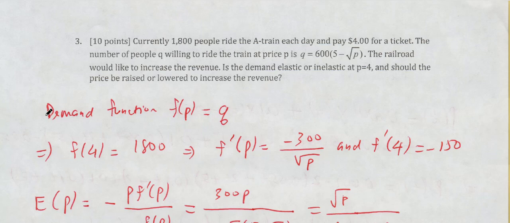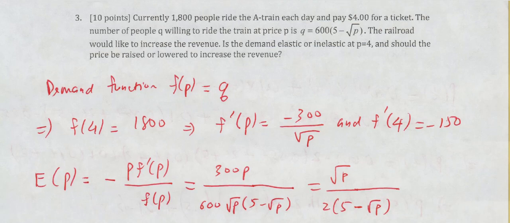Now we know that the demand function is f of p equal to q. This is the demand function, and we can find when the price is $4. That means when p is $4, we have 1,800 people riding the train each day.